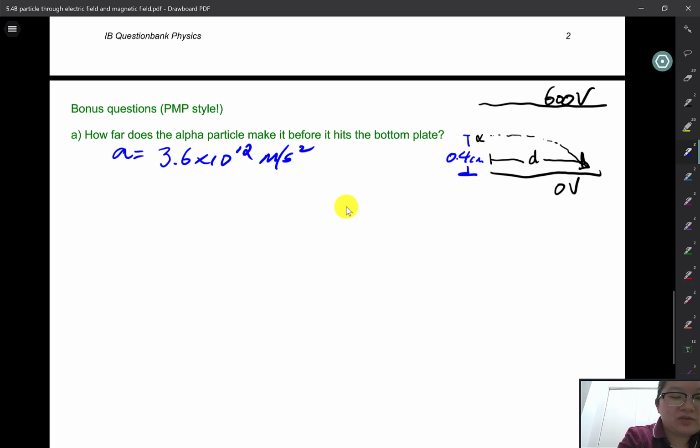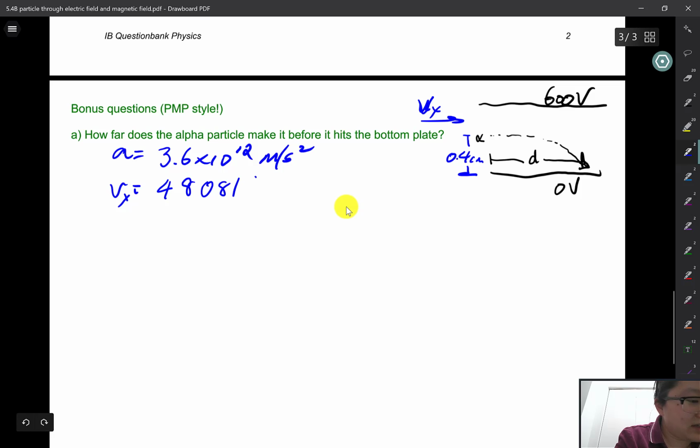We also know that it is shot with a velocity, before it was accelerated, at the velocity here. This initial horizontal velocity, which I'll label it that, or that, it doesn't matter because it stays the same, is 480,818 meters per second.